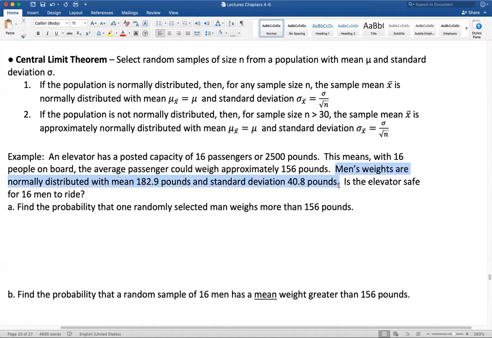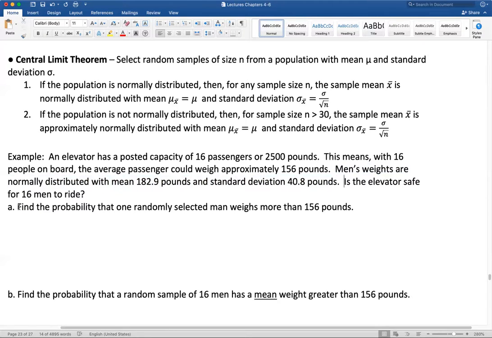From here we can figure out the population mean and the population standard deviation, right? And also the population is normally distributed. So mu is 182.9, and sigma is 40.8. Now, is the elevator safe for 16 men to ride?